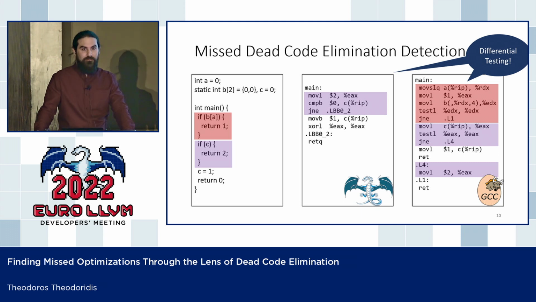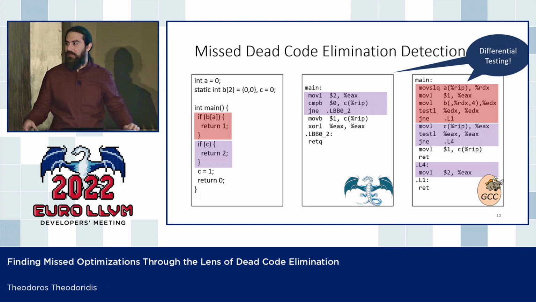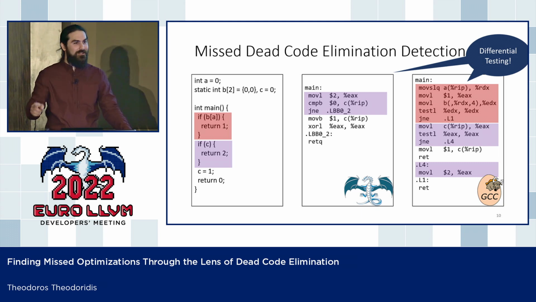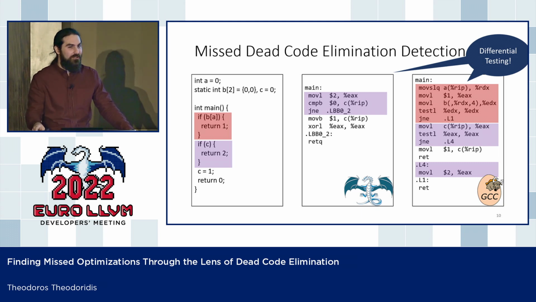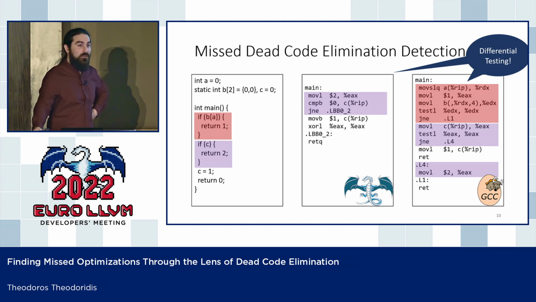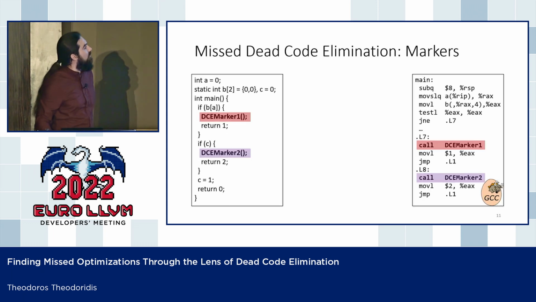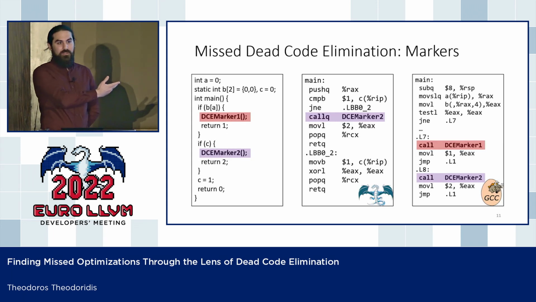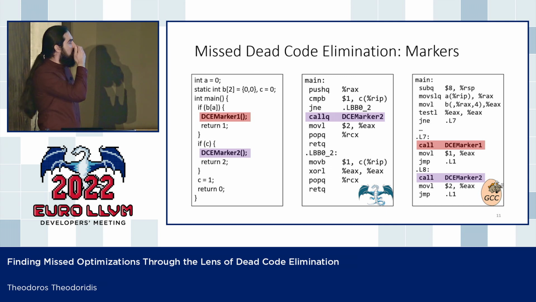Thank you for this work. I was wondering, how do you ensure markers do not influence optimization opportunities? Sorry, I cannot hear you well. How do you make sure markers do not influence optimization opportunities? So they definitely do. They change what the compiler can optimize, because suddenly, you can really see this here, LLVM's output becomes much larger.